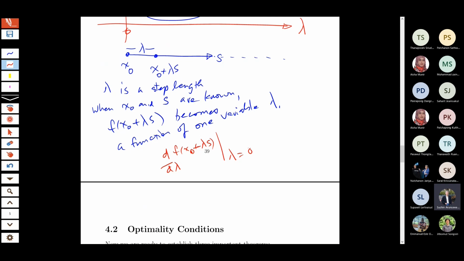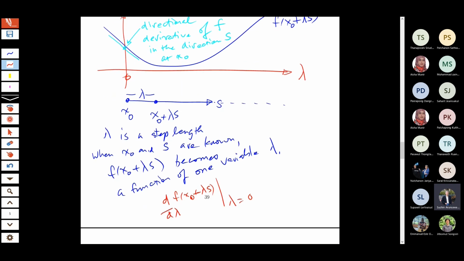If you apply the definition of derivative in this case, you will see that it is equivalent to the definition of the directional derivative.